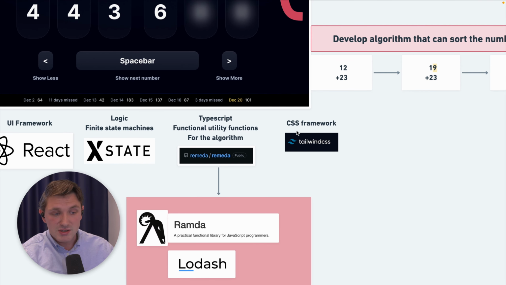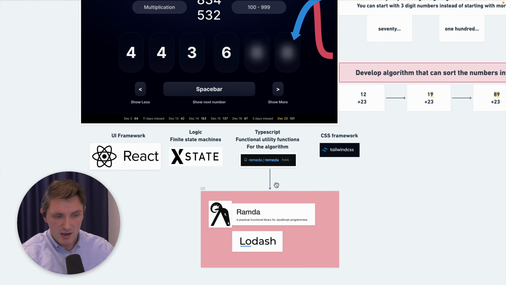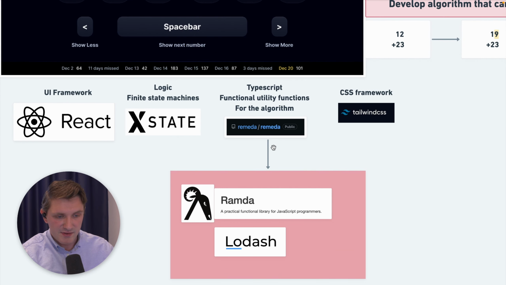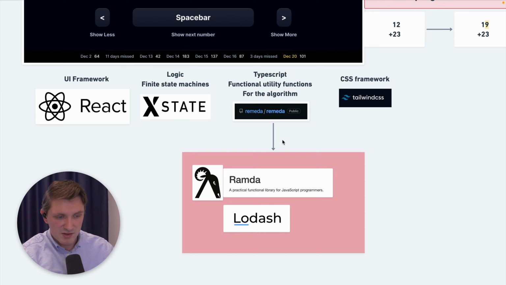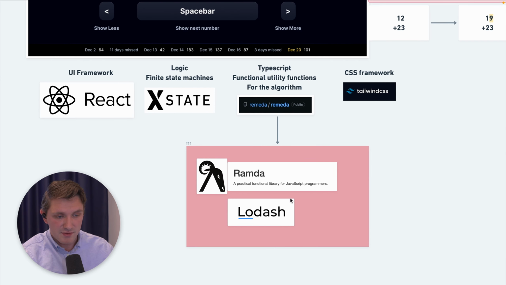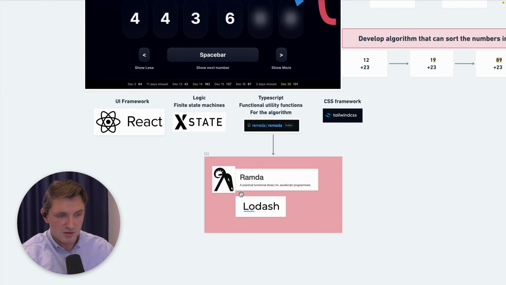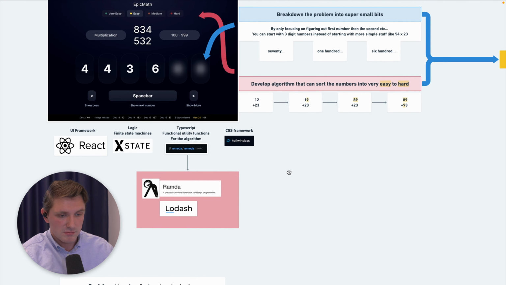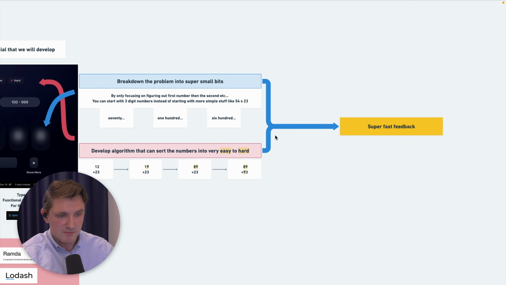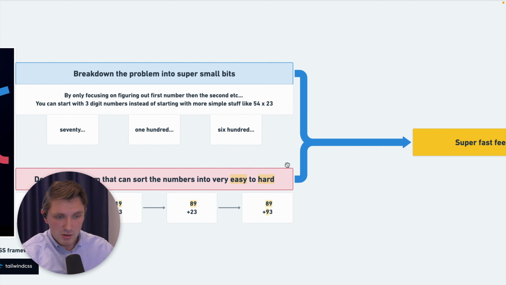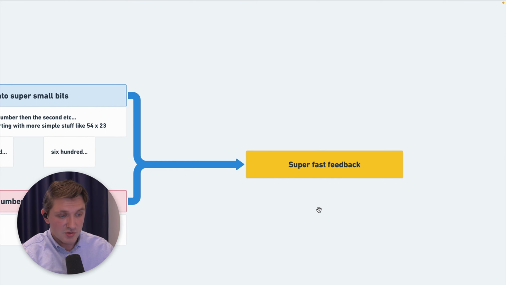And we will use the CSS framework Tailwind CSS to make it happen. This is very similar to Ramda and Lodash, if you know those things. It's a functional utility project. And the whole goal of this stuff is to give you super fast feedback, right?